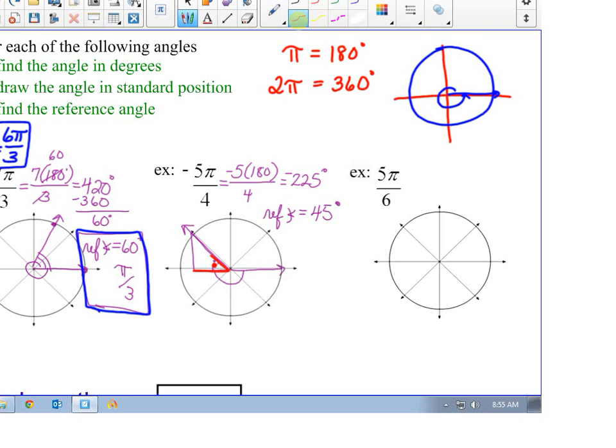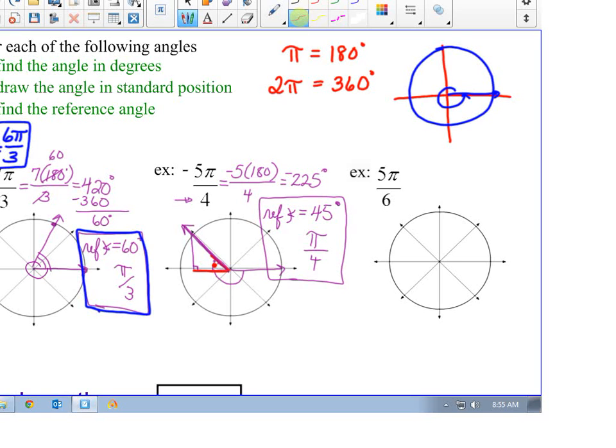And let's see if we can figure out, if we converted that to radians, we would have pi divided by 4. Okay, pi divided by 4. Anything with a 4 in the denominator is going to be one of the 45 degrees in one of the quadrants. Keep your eye out for those.